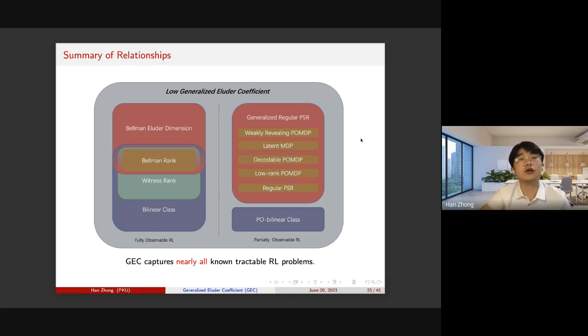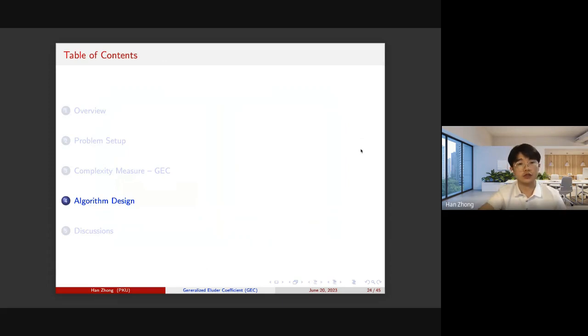The short answer is that currently I don't know whether the GEC can include the DEC, or the DEC can include the GEC. I think maybe these two frameworks are parallel and each has its own advantages and disadvantages. Maybe we can discuss the relationship with the DEC later. Sounds good. Great, thanks. Thank you for the question.